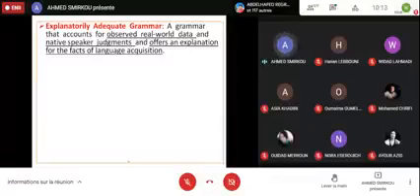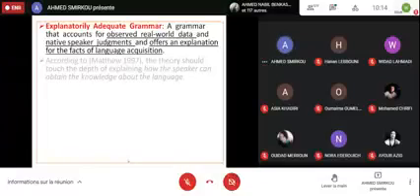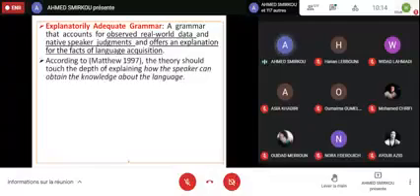So explanatory adequate grammar tries to go further, to the primary source of language, which is language acquisition. So according to Matthew, the explanatory adequate theory should touch the depth of explaining how the speaker can obtain the knowledge about the language.